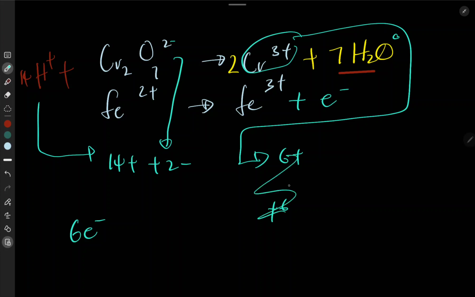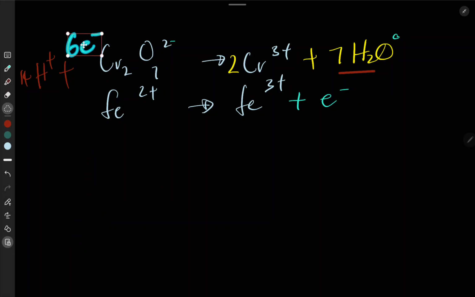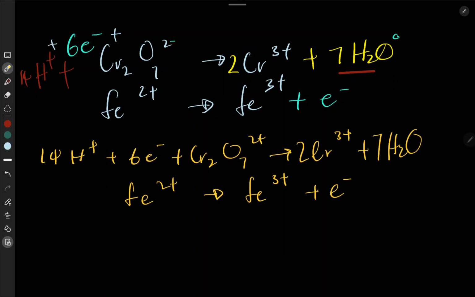So let me just erase all this mess that I made trying to show you. We're just going to take this electron and put it here, 6 electrons. So it is added. I'll just fix this on the next step. So I've written both of my equations like this.